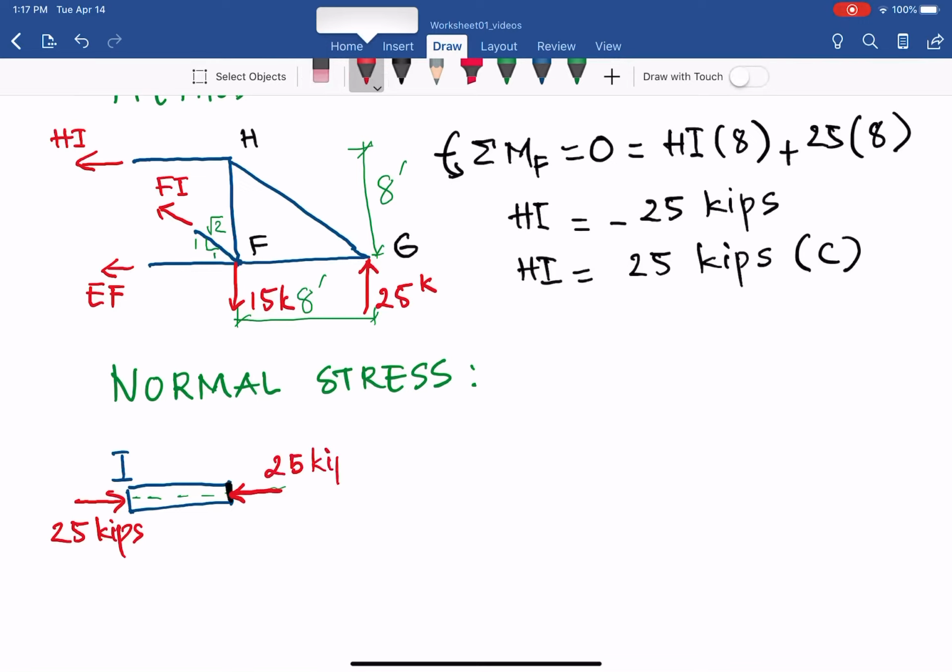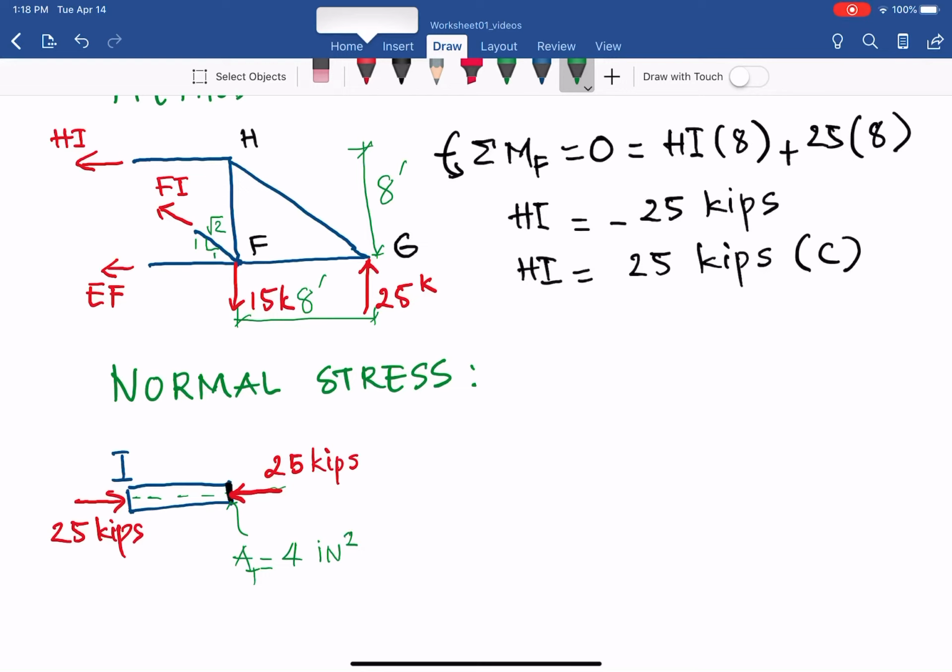So at any transverse cut that you make along member IH, the force P is 25 kips. From that we can have the area of that cut. Here, A of the transverse cut is 4 in square. That is given in the question.